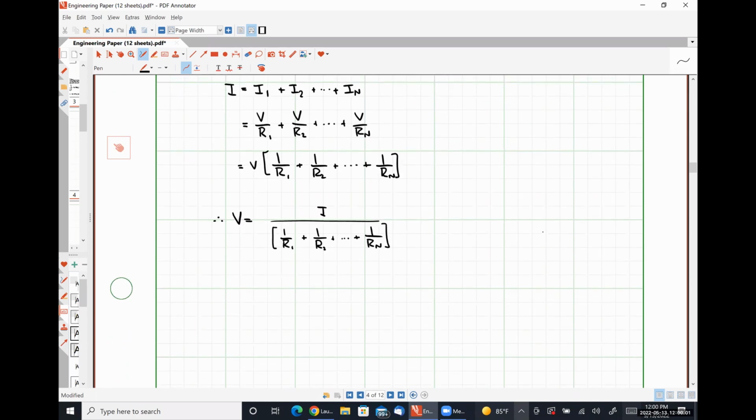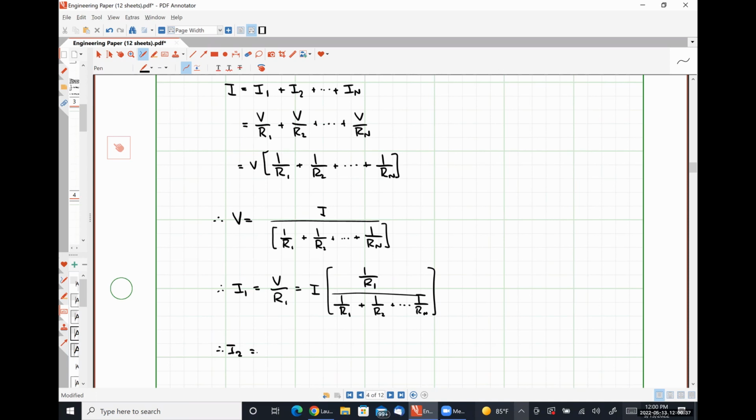Well, the current flowing through resistor R1, I1, is V divided by R1, which is going to look like I times 1 over R1 divided by 1 over R1 plus 1 over R2 all the way out to 1 over R sub n.